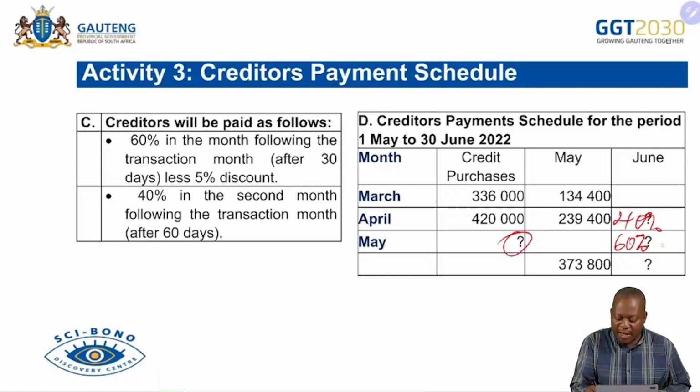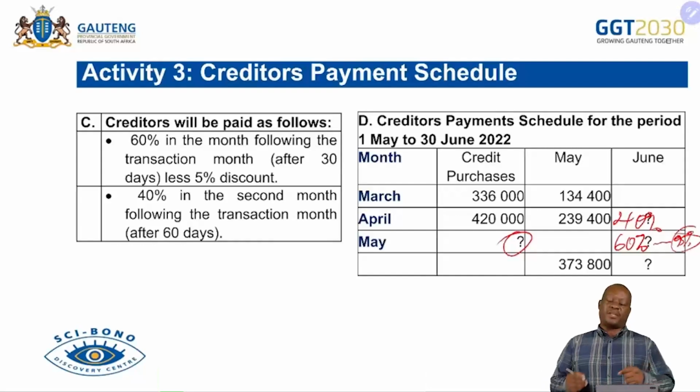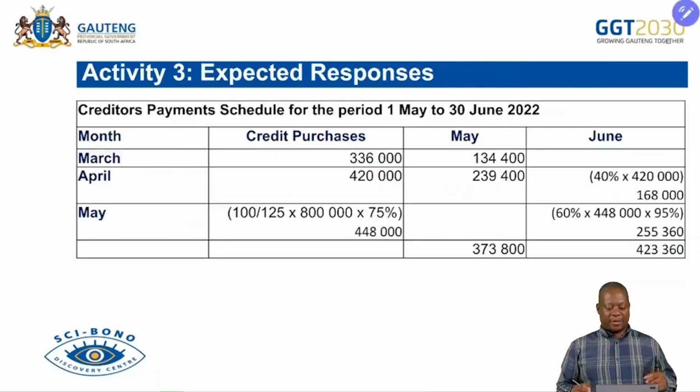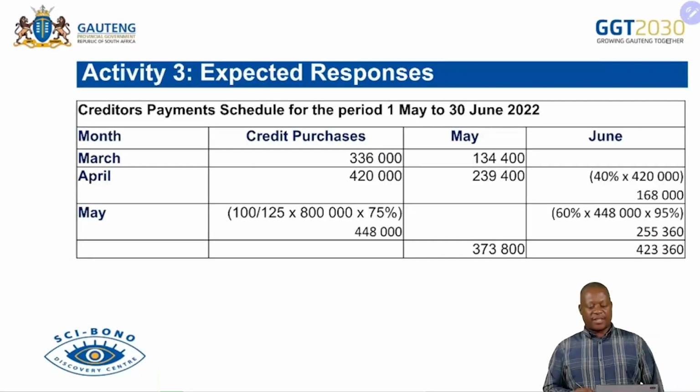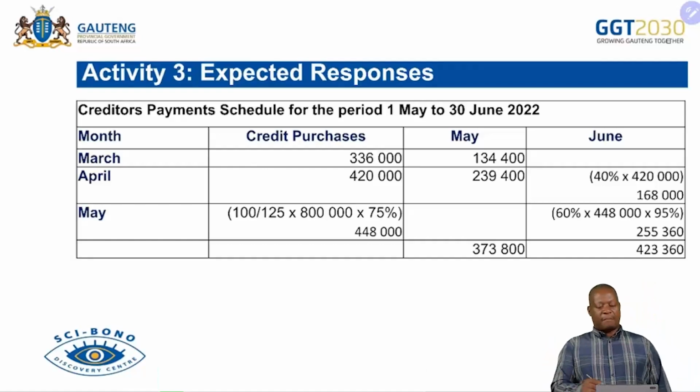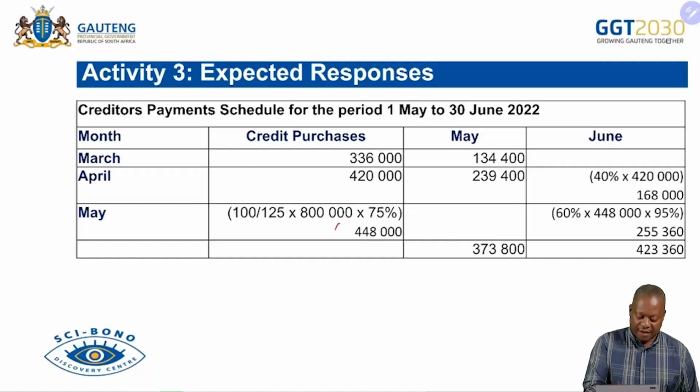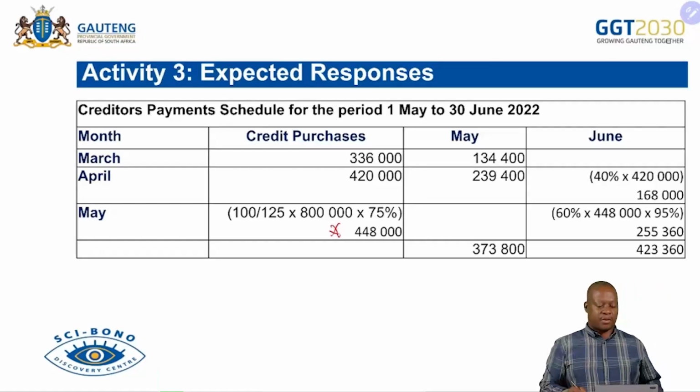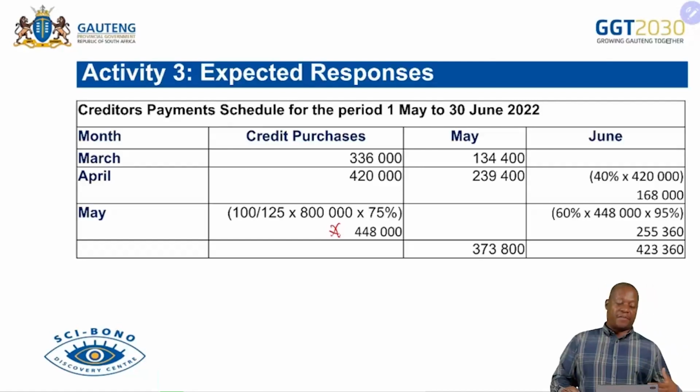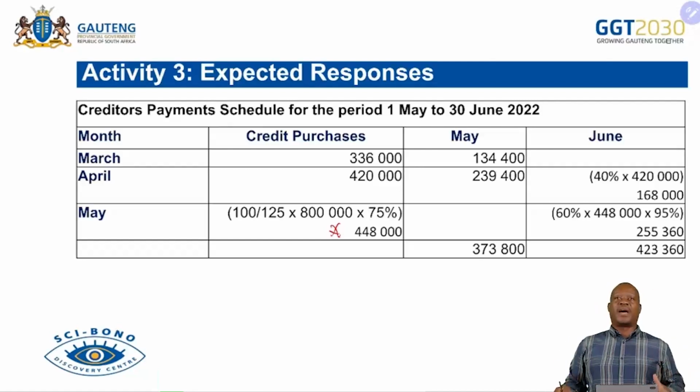But remember, when it comes to this 60%, there is a 5% discount. So it means we only have to pay 95%. Very important. Now let's see how it is going to work out. Remember, we are going to have this figure first. How do we go about it? 100 over 125 times the sales figure for the month of May. So remember that, right?